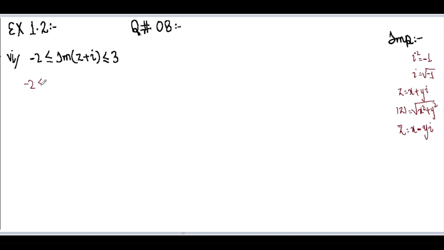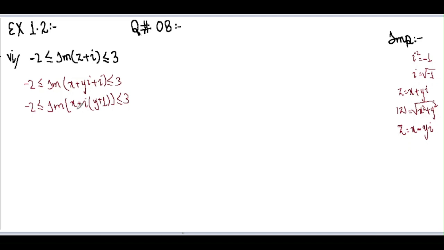Minus 2 is less than equal to imaginary part of the value of z, x plus y iota plus iota, is less than equal to 3. So minus 2 is less than equal to imaginary part of x plus iota into y plus 1 is less than equal to 3.